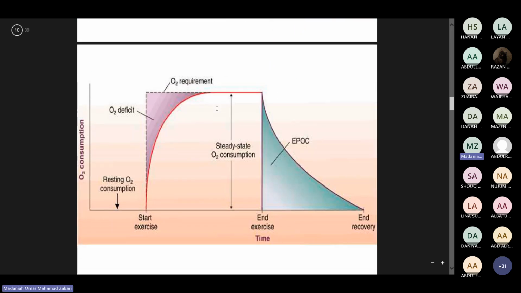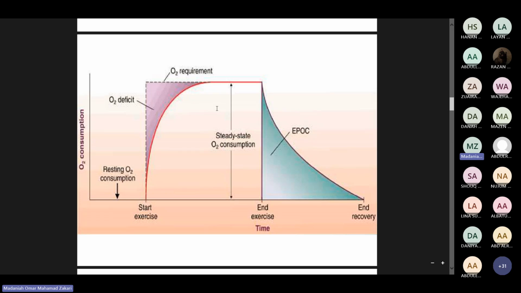This was showing how oxygen debt appears after the recovery state. On the y-axis there is oxygen consumption, and on the x-axis there is time of exercise. At the start of the exercise, oxygen consumption increases.